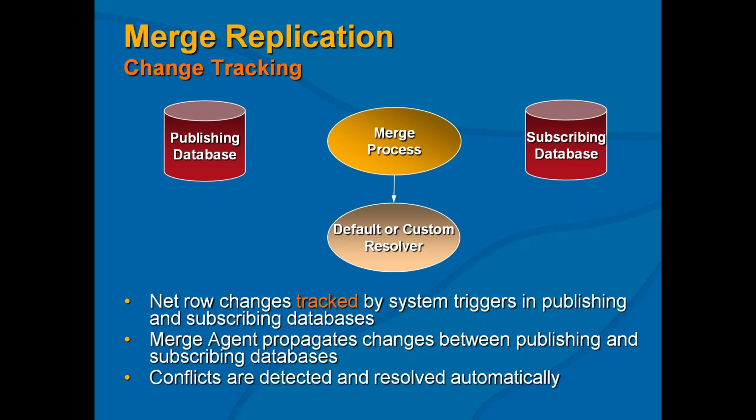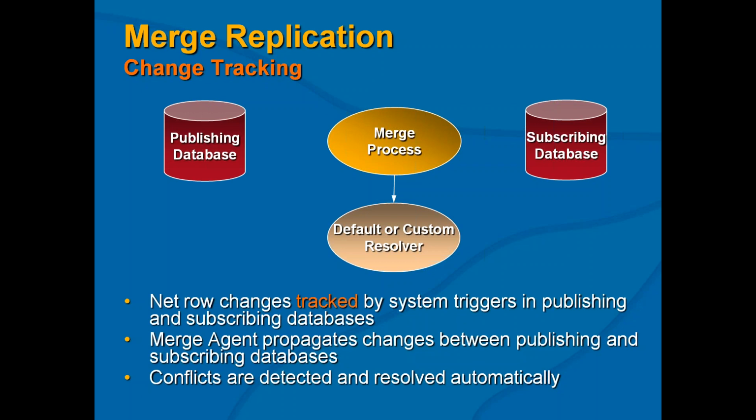Or if you think that no, my subscriber changes, even though there are conflicts, the record from the user who is sitting in Europe has to apply onto the publisher. You can set those properties while configuring the merge replication. And that is one of the best things, that SQL itself resolves those conflicts upon your setting.